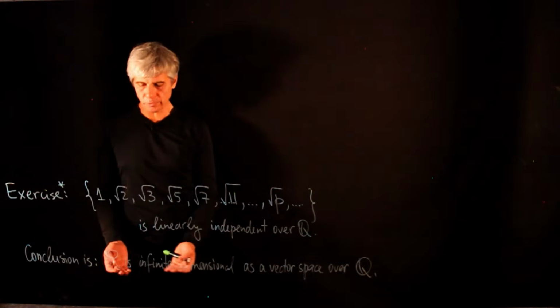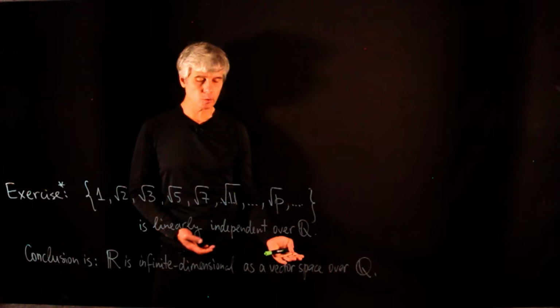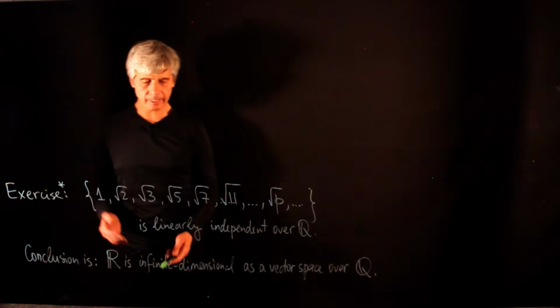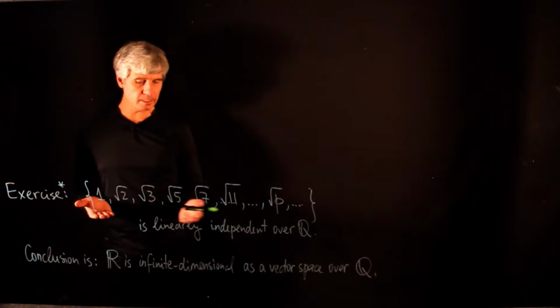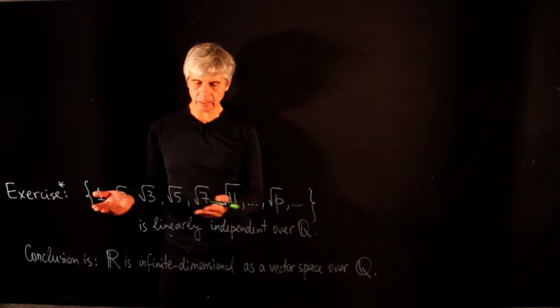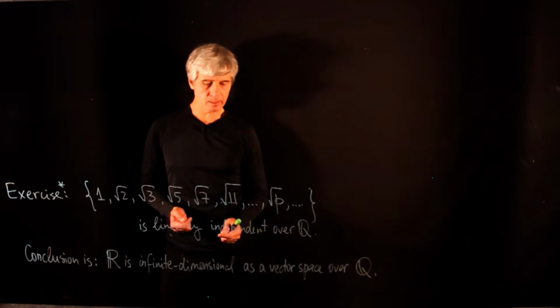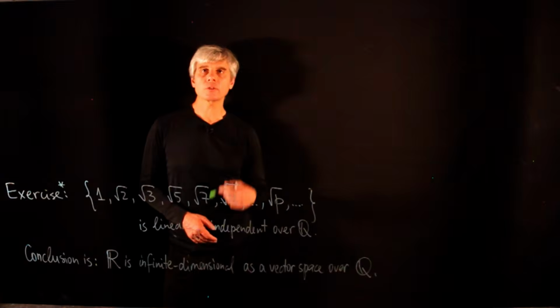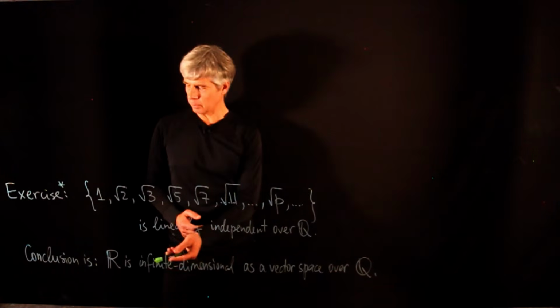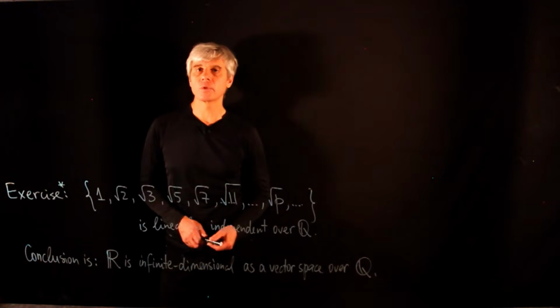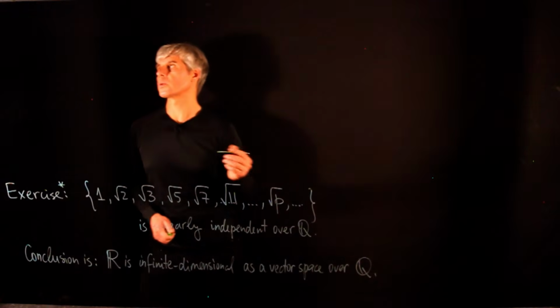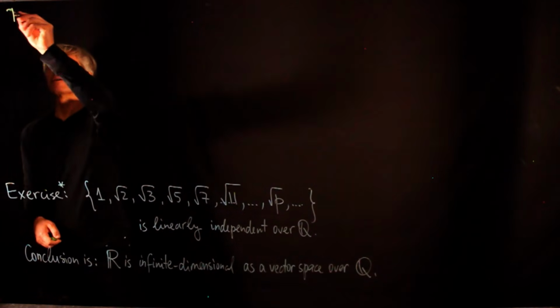The idea of proving that R is infinite dimensional over Q is by constructing an explicit infinite linearly independent set. So there is an alternative approach to this claim, which is based on counting. So let's give a definition.